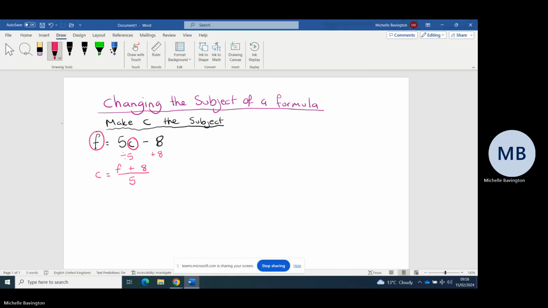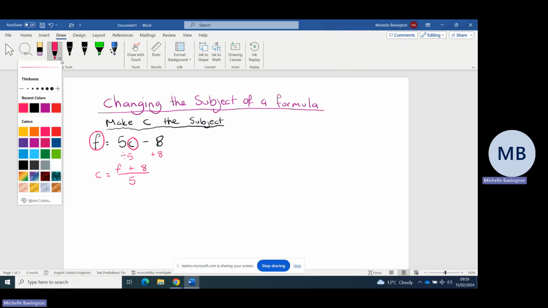Because this means times, we do the opposite. This is minus 8, so we do the opposite. And really, this letter always comes first. Then we just put it, and that means a divide. Divide by 5, and that's it.